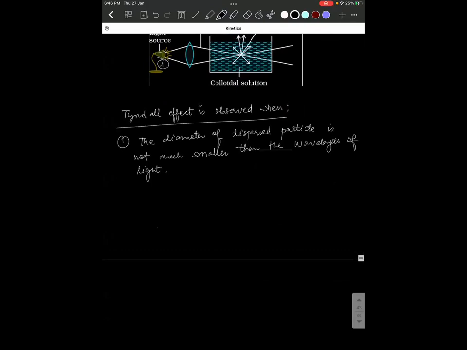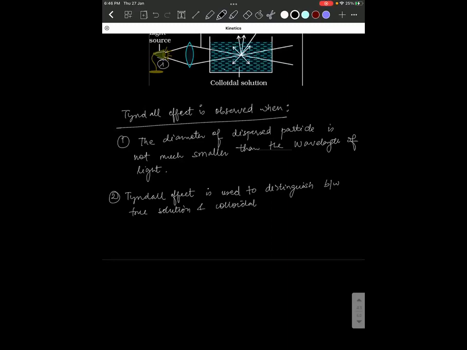Understood? Yes, ma'am. Now the second point is Tyndall effect is used to distinguish between true solution and colloidal solution.